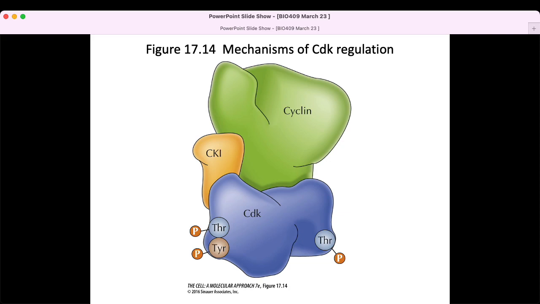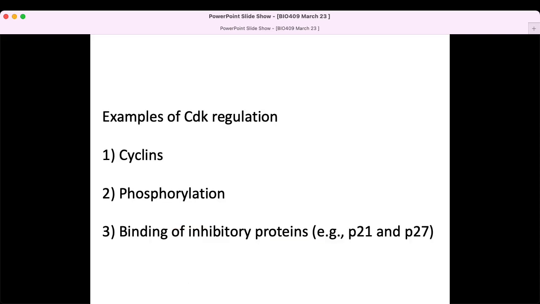But I don't remember what that's for, because I don't think they're commonly called that. The most famous name is small inhibitory proteins, and that's a general name for a set of specific proteins. I think we're going to learn the names of two. So, binding of inhibitory proteins, let's just get specific. That CKI, I don't know what that is. It's an inhibitory thing, but P21 is an inhibitory protein that we'll learn about, and P27. Those will be in chapter 19.